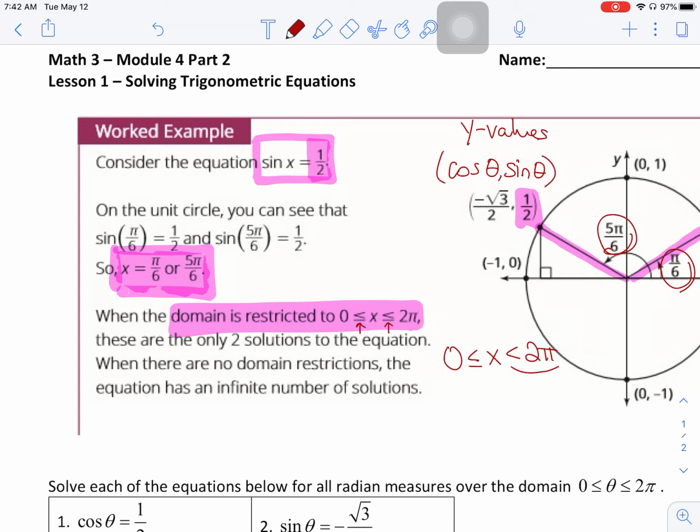If this is how it looks, okay, then 2 pi is not part of the domain, okay? So just be careful with that. And if 2 pi is not part of the domain, everything on the unit circle works except for the value of 2 pi. And that's okay.